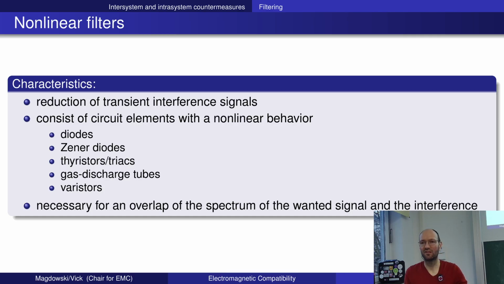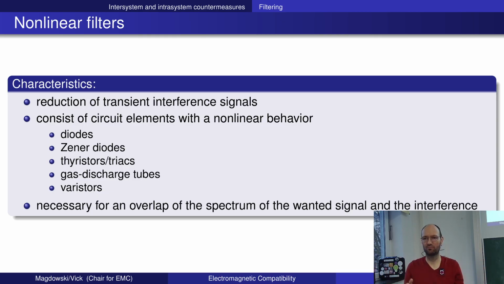If some signals are short in time, have a short rise time, a short fall time, pulse signals like a lightning strike, like some electrostatic discharge pulse, how does the spectrum of these signals look like? It's rather broad in frequency.